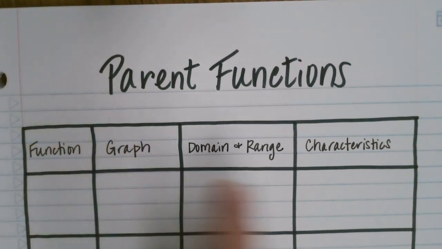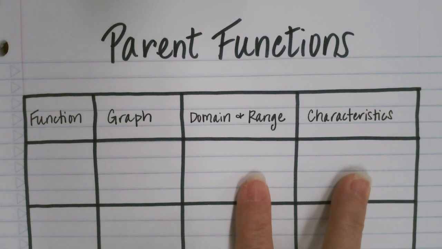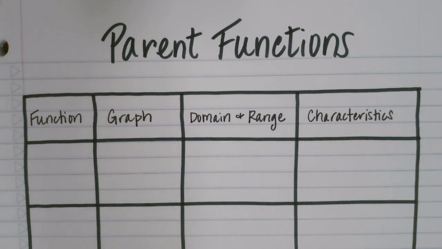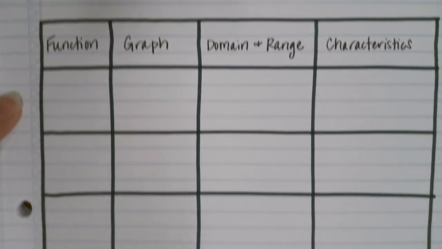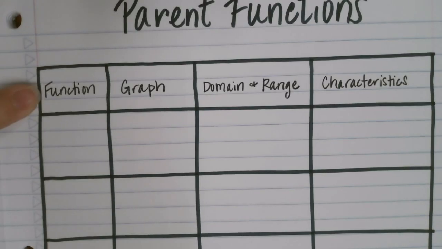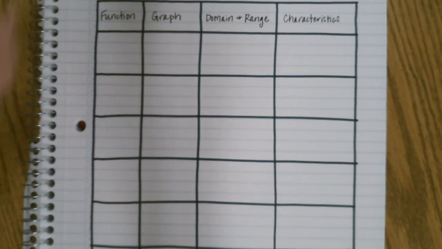So I made 4 columns in my chart. The 2 on the right are a little bit bigger on purpose. And then I have 6 sections going down. So I have my title up here, and then I've got 6 sections going down. If I zoom out, you can see this is basically taking up the entire page.